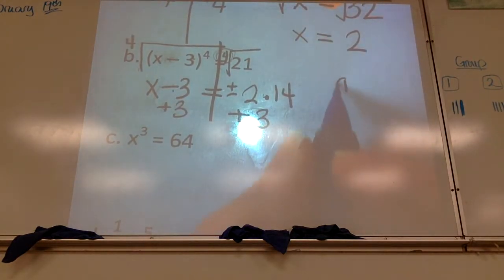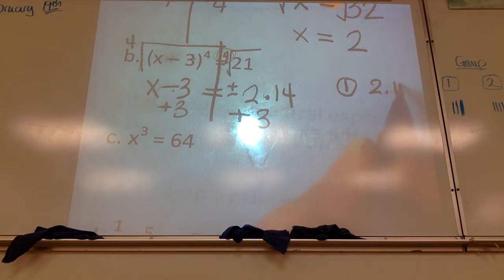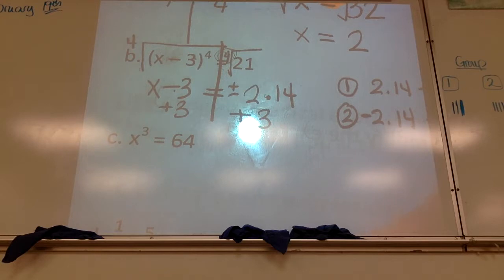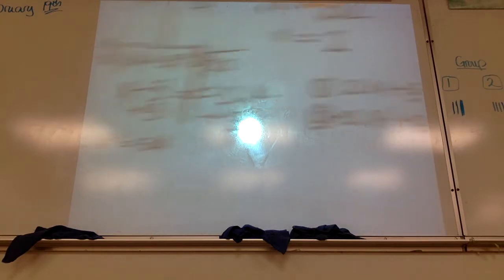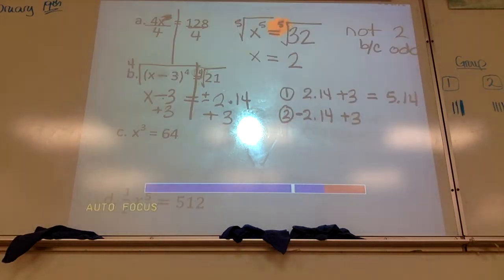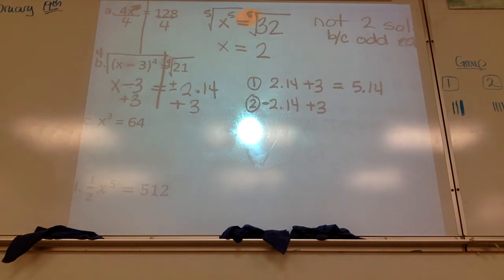So you get the first solution from doing 2.14 plus 3. And your second solution doing 2.14 as a negative and adding 3 to it still. So 2.14 as a positive, adding 3, and then negative 2.14.